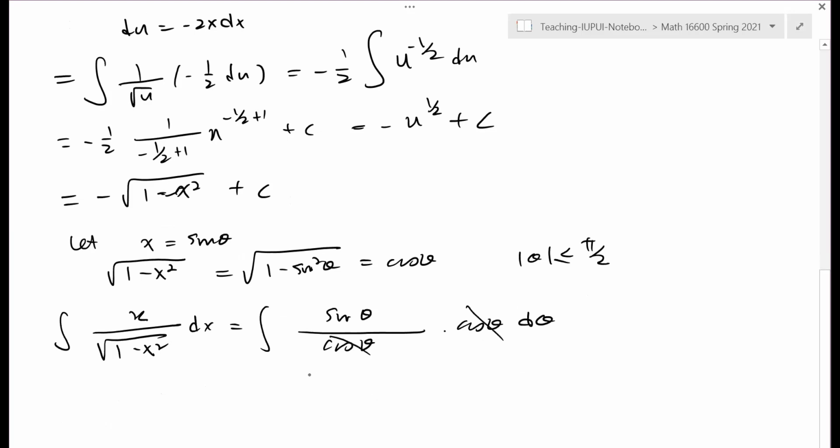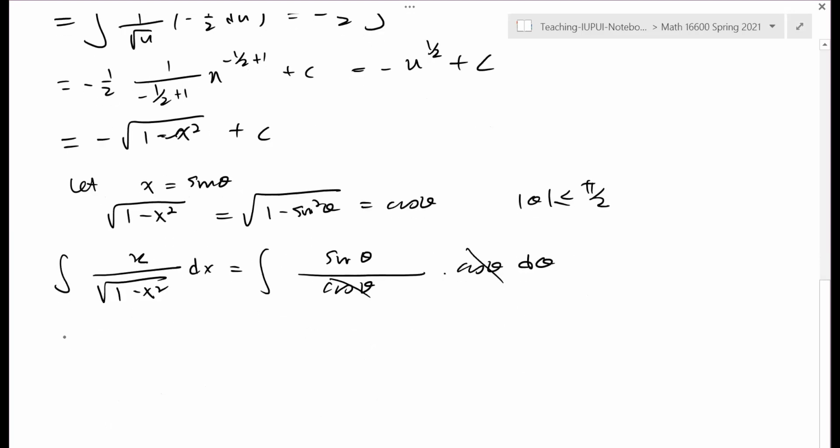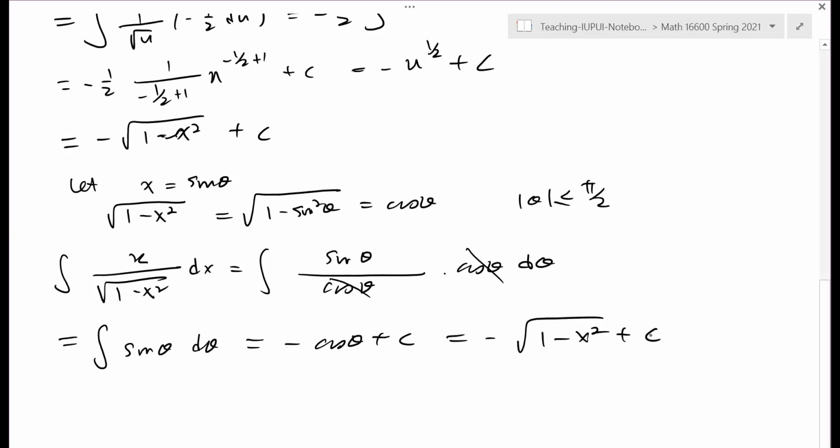Then you see that cosine theta is cancelled out. This is just the integral of sine theta d theta. So the antiderivative of this is negative cosine theta plus constant. Now, we already know that cosine theta is the square root of 1 minus x squared, so you have to change it back to the radical, the square root of 1 minus x squared.